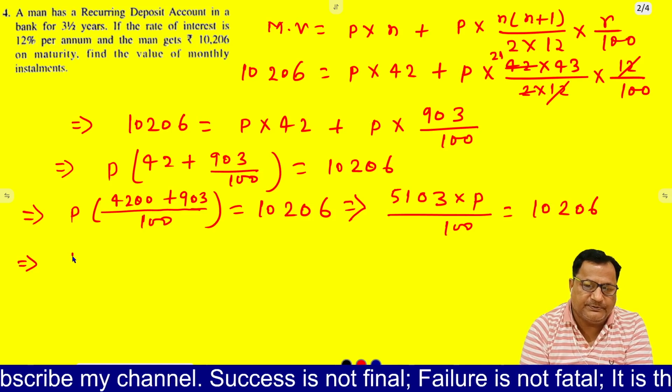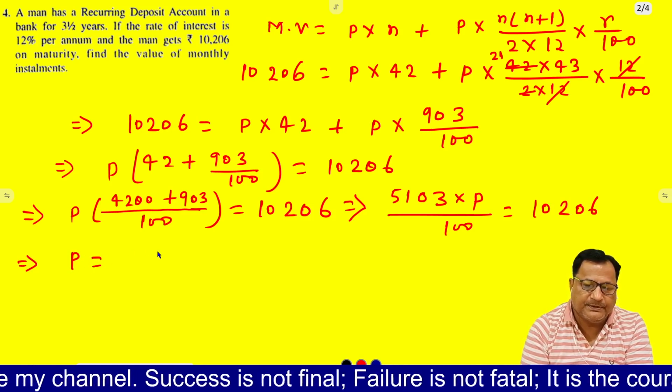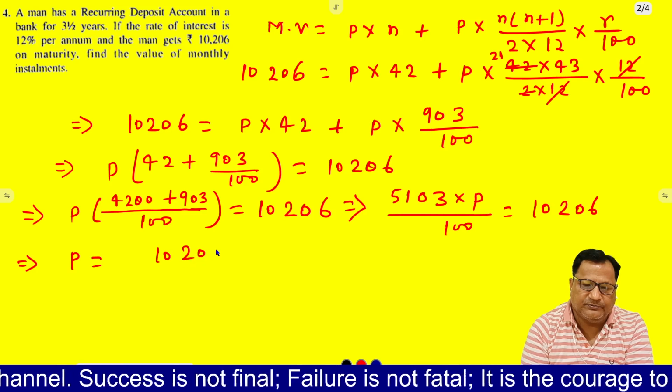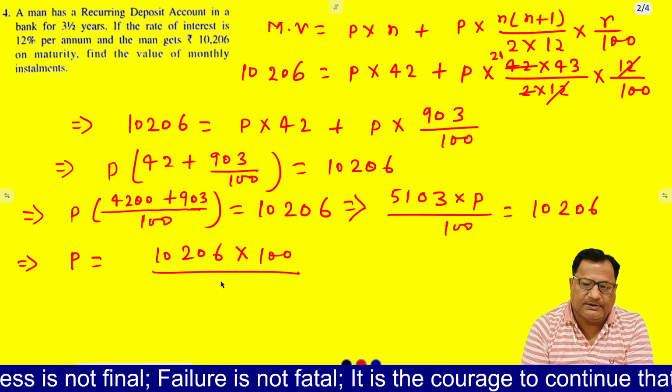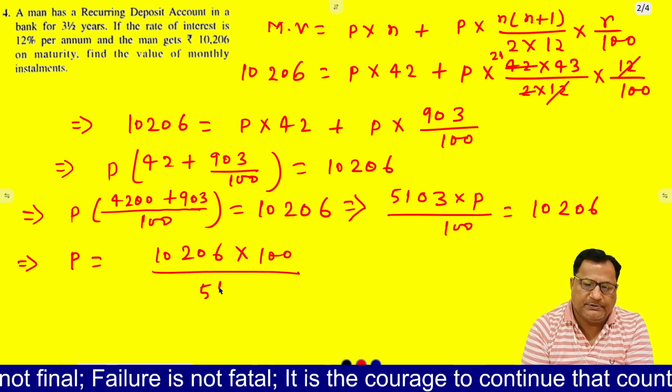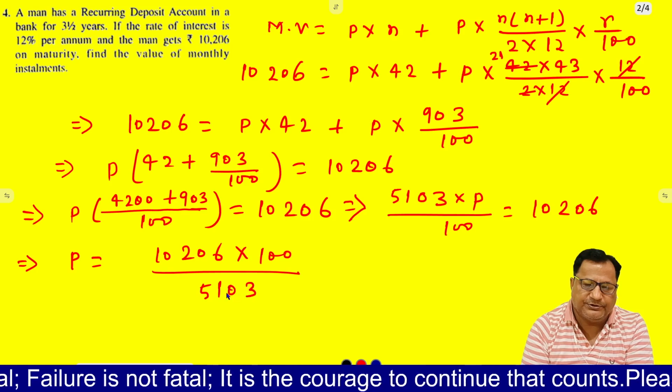So P will be 10206 into 100 divided by 5103.